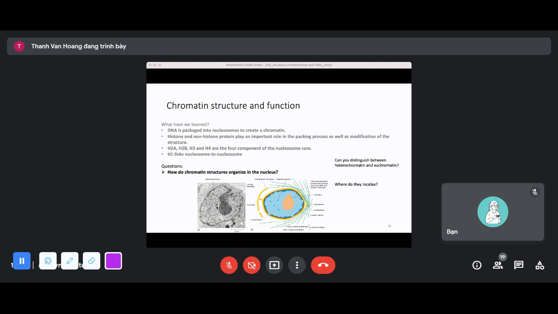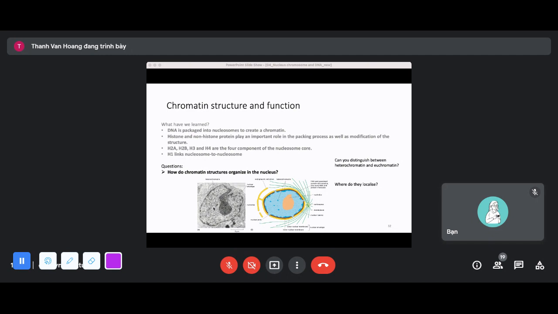So you can see the structure of the nucleolus is quite dark, darker than the other parts in the nucleus. So it is very obvious for people when they check under electron microscopy.